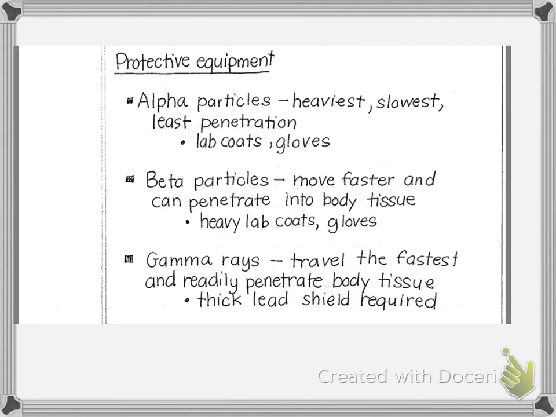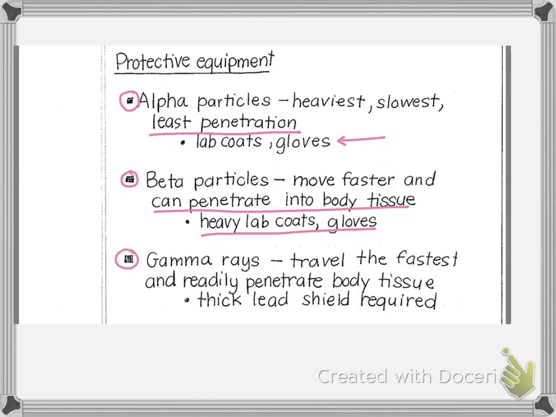So a way to protect yourself from radioactive substances, if you were to work with them, has to do with what you're actually working with. So for alpha particles, which are the largest and have the least penetration, you could use lab coats and gloves. Beta particles, which are smaller and can penetrate further, you would still only be required to wear a heavy lab coat and gloves.